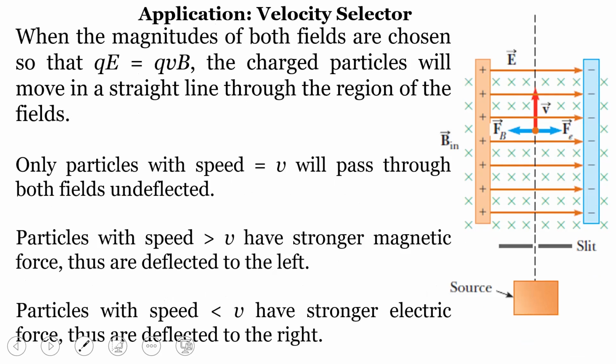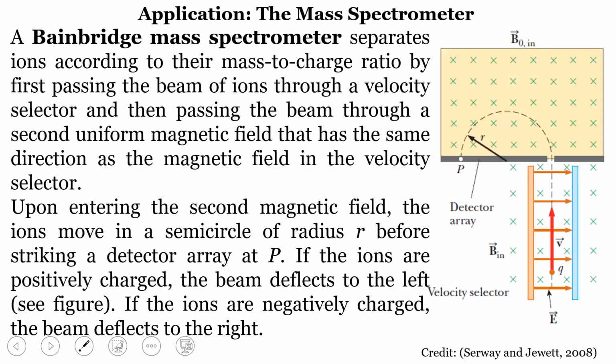So moving from that, we move to some other applications, which is called the Bainbridge Mass Spectrometer. The Bainbridge Mass Spectrometer separates ions according to their mass to charge ratio.